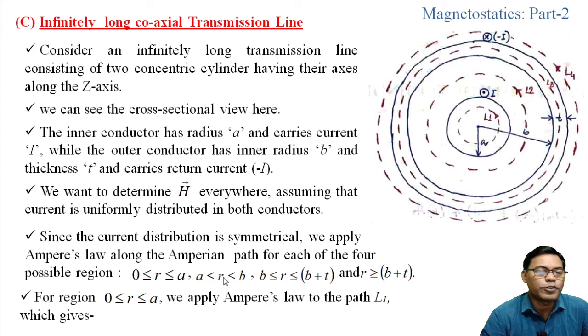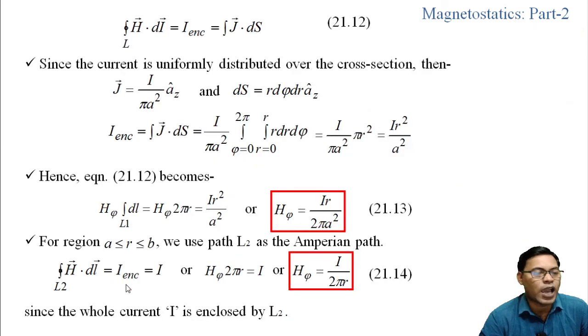The total current enclosed by this Amperian path L2 is I, so I enclosed equals I, and from H dot dl, the same way, we find H phi 2 pi r. So ultimately H phi we will get is I by 2 pi r, since the whole current I is enclosed by L2.